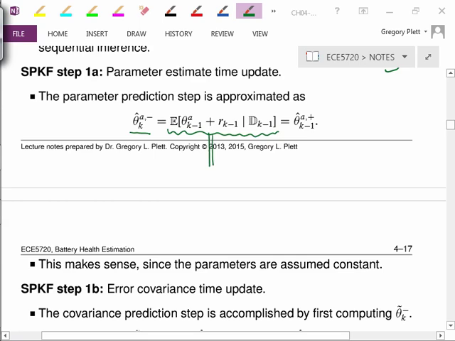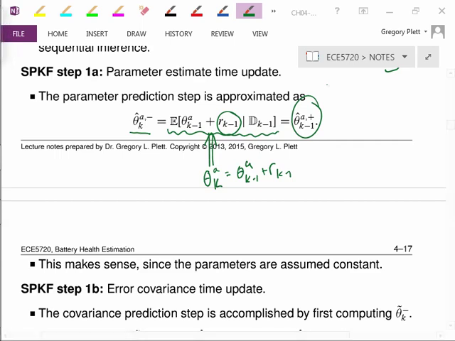Our model says theta at k is equal to theta k minus 1 plus r k minus 1. That's what our model said, so we stick that in. And we take the expectation of this, and assuming that I've got zero mean process noise, this simply gives me the expected value of theta given past measurements, which is the past estimate of my augmented parameter value.